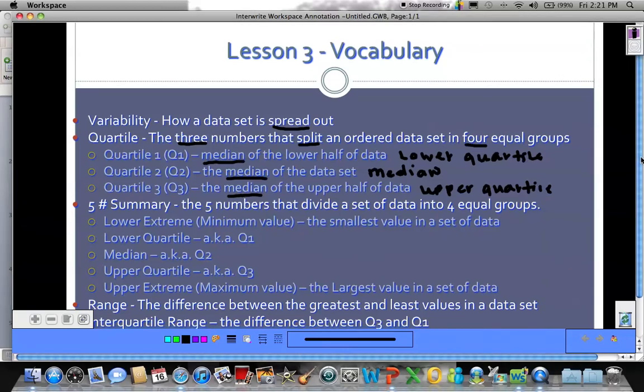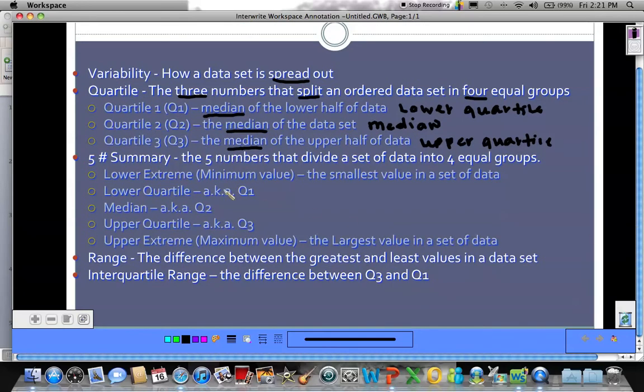All right, then we have our 5-number summary. Our 5-number summary is the 5 numbers that divide a set of data into 4 equal groups. And we're going to be doing a lot with 5-number summary coming up. The 5-number summary is made up of these 5 things: the lower extreme, which is the smallest value in a data set, so the smallest number in the data set.